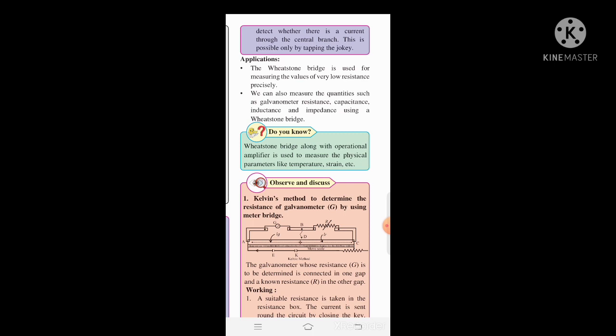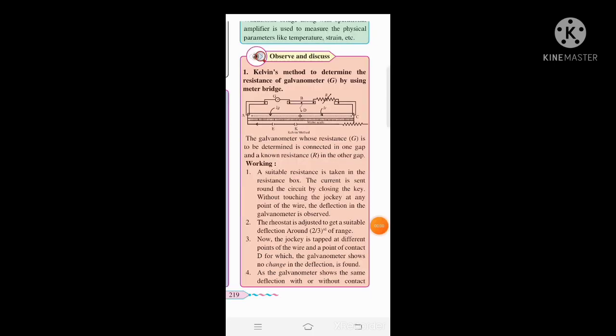Using that circuit diagram of Kelvin's method, we explain the construction of Kelvin's method to determine the resistance of galvanometer G with the help of a meter bridge.